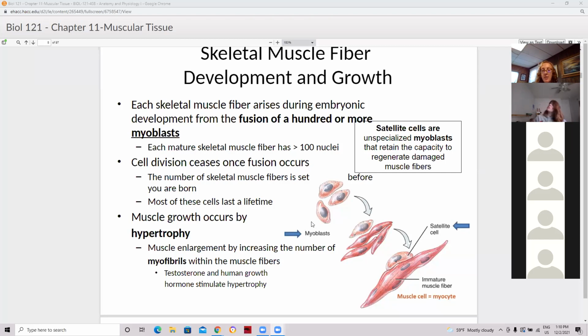Well, how do you get bigger muscles then? For some reason, your muscles don't stay the same from when you're a couple hours old until, thankfully, you're now 21.